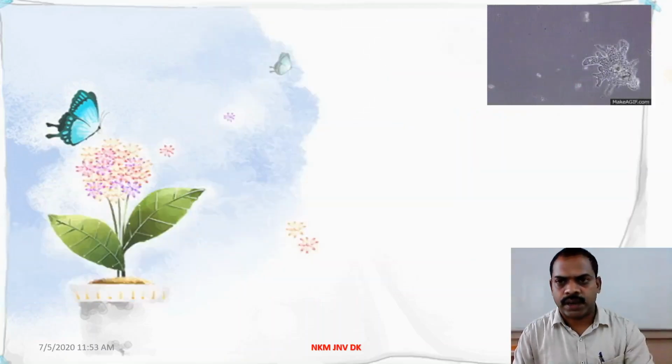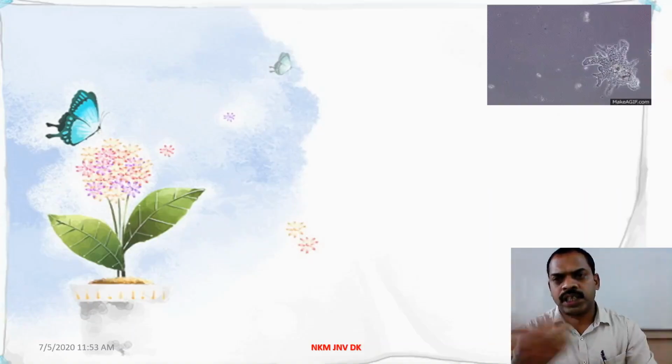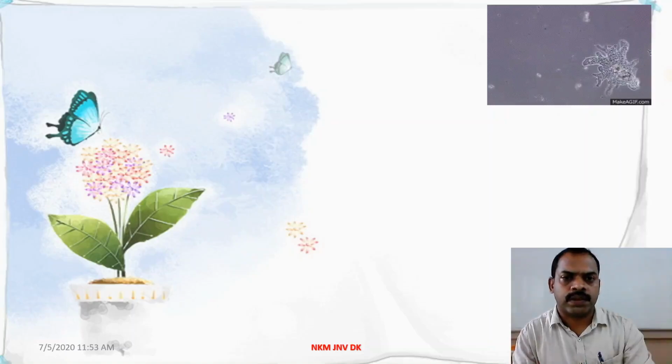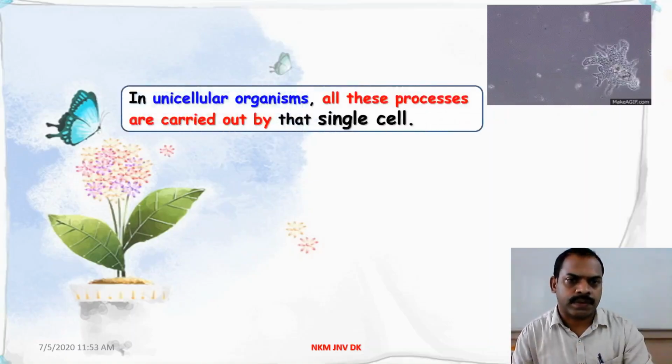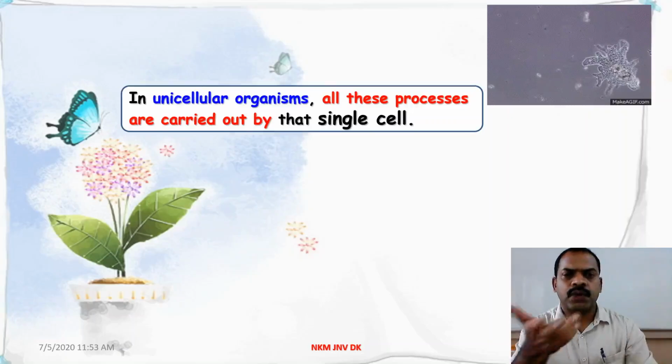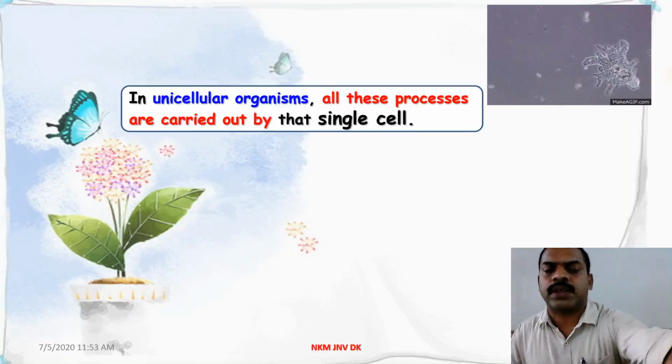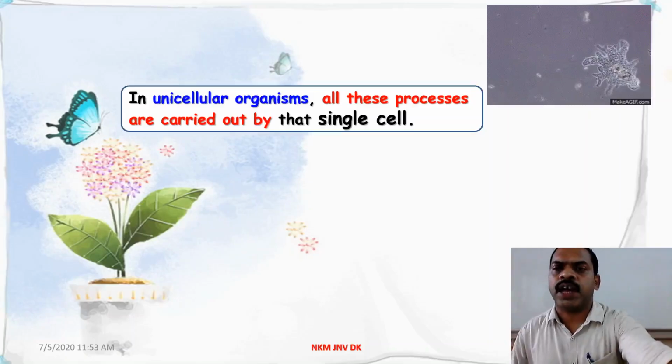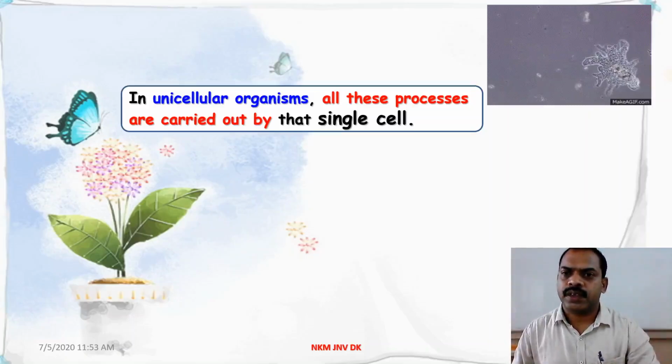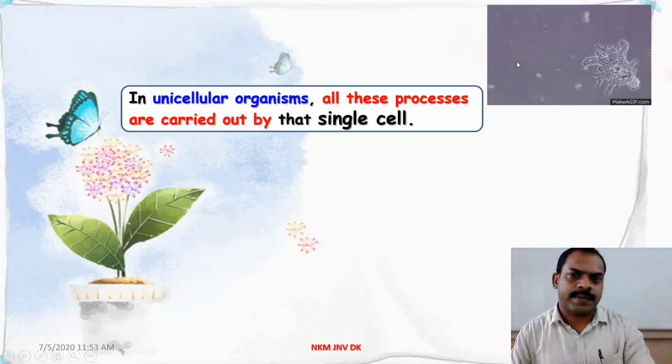Now let us see the difference we can see among organisms. Observe the unicellular organisms like the amoeba shown over here. Very small, you cannot see it even with the naked eye.